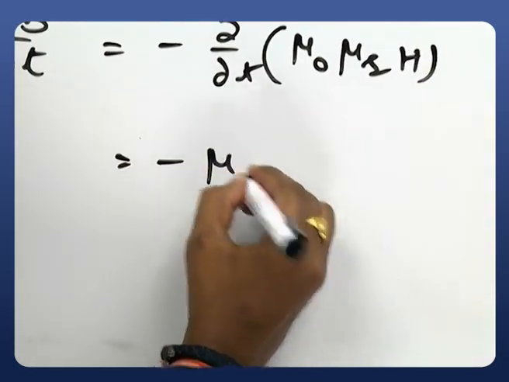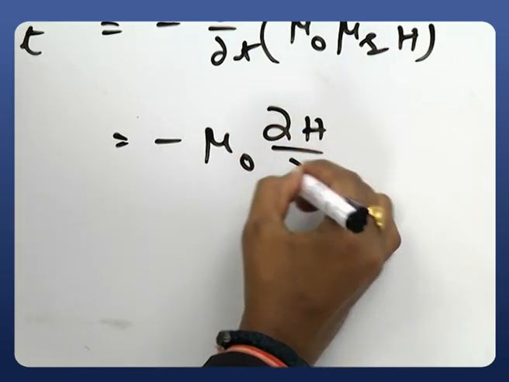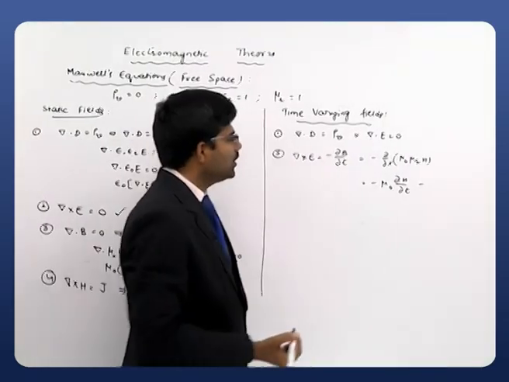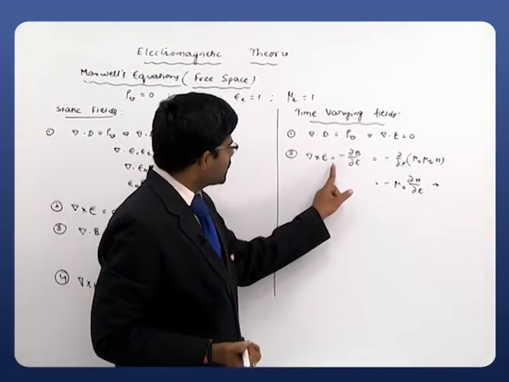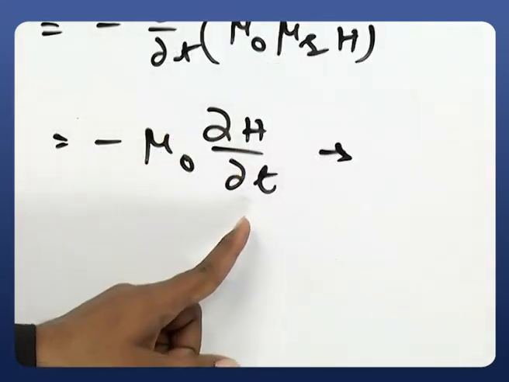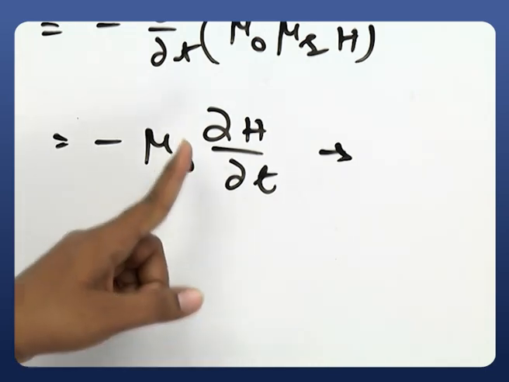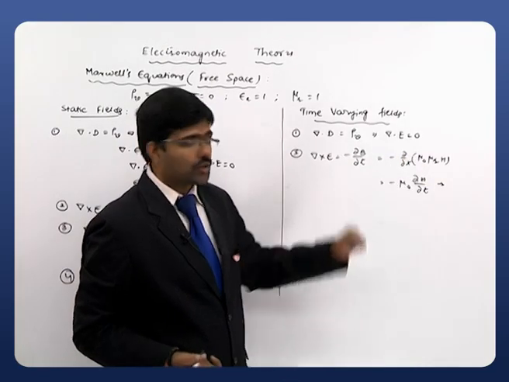So it is minus mu naught dH by dt. This is the equation that we are supposed to remember. So simply del cross E is equal to minus mu naught dH by dt in free space. Just remember the equation, we are supposed to interpret this one.